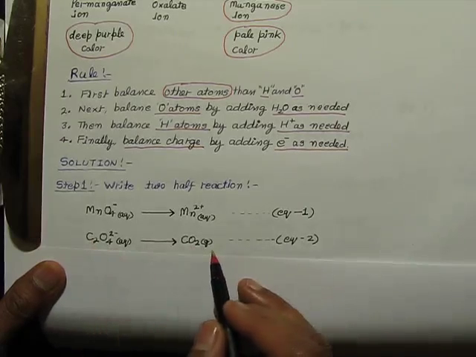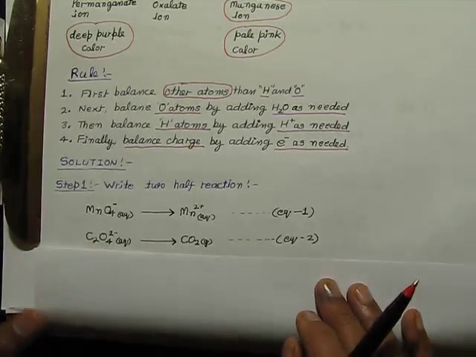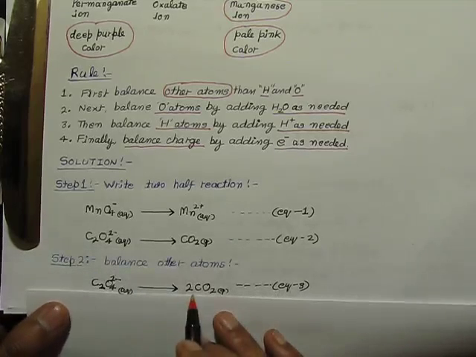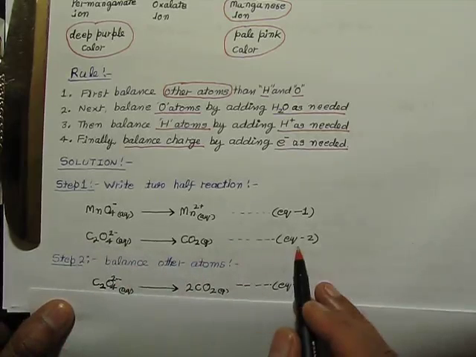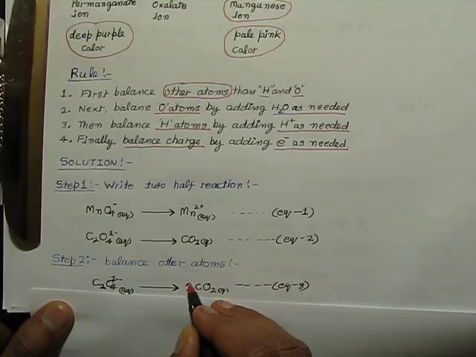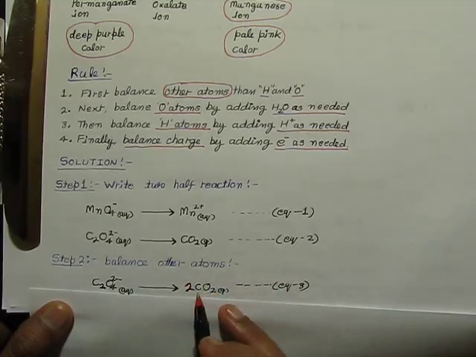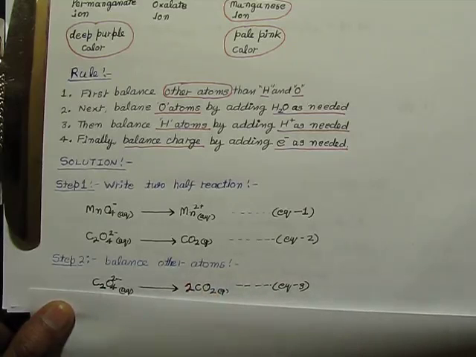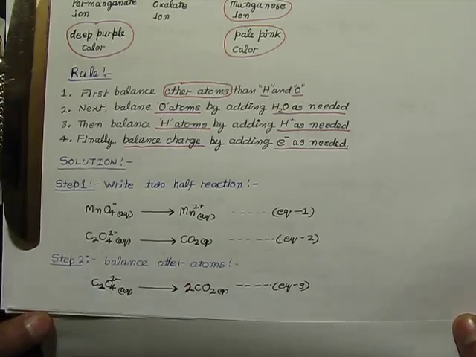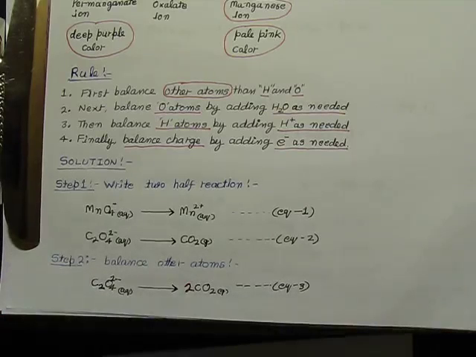We will balance oxygen for this equation later also. So we have to add coefficient 2 in front of carbon dioxide gas, so that the number of carbon on both sides will be equal. So 2 carbon here and 2 carbon on the product side. So carbon is balanced in equation number 3.